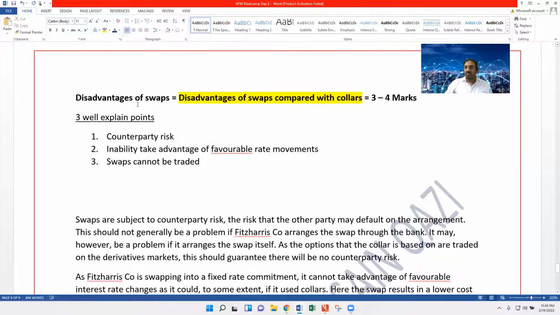Moreover, what is the drawback of swap over collars? Number one, these are over the counter contracts. That means the counterparty risk. If the counterparty defaults, what will happen? Over the counter always has these risks.